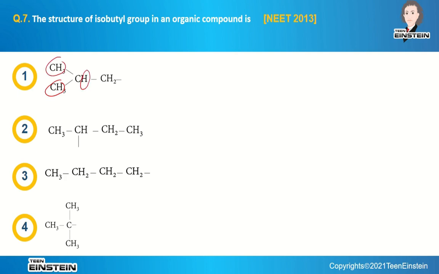So, we write the structure of isobutyl group like this. So, the structure of the isobutyl group in the organic compound is represented by option A.